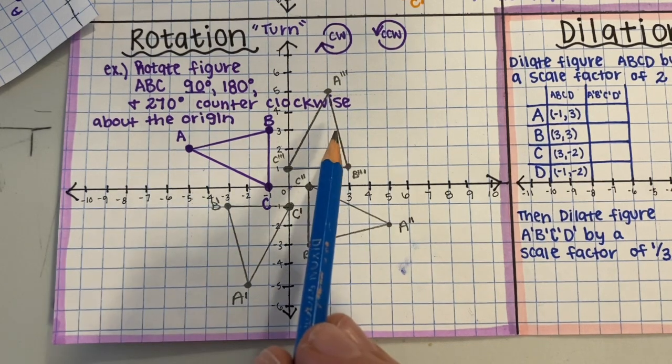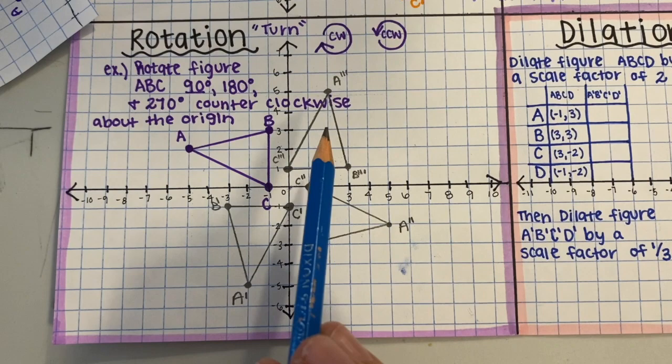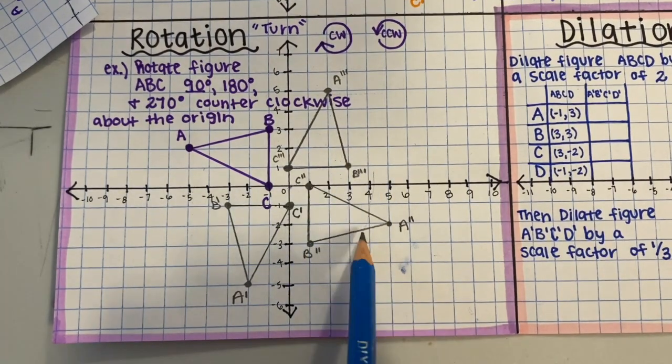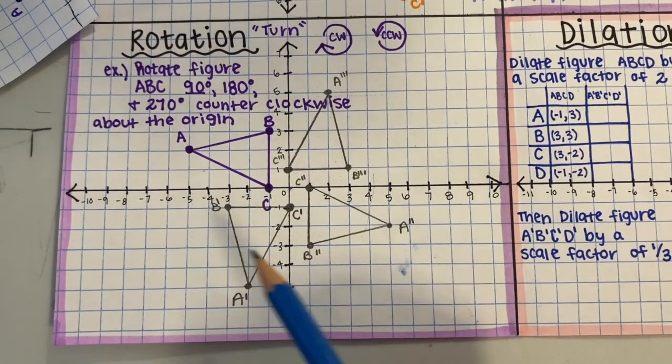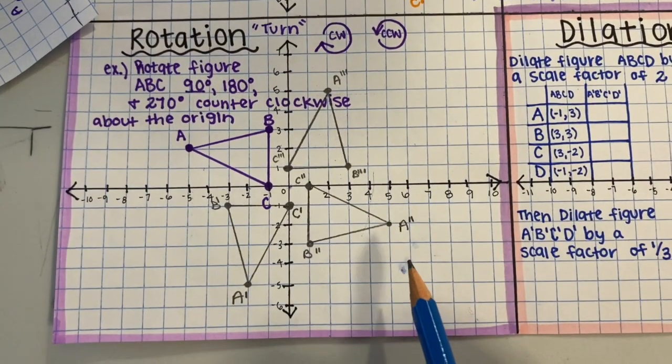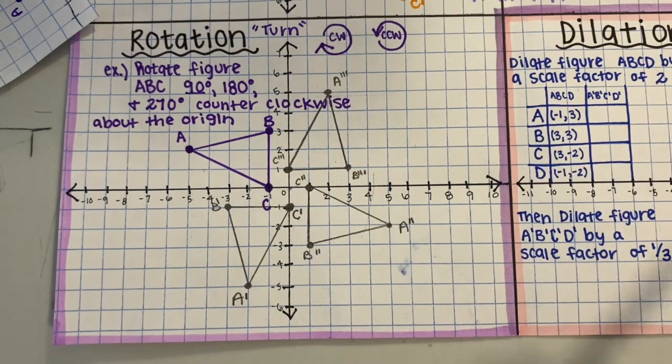You're also flipping your signs. So I'm going to write that out quickly. It's something you can memorize, or you can just work it out, which is always my preference.